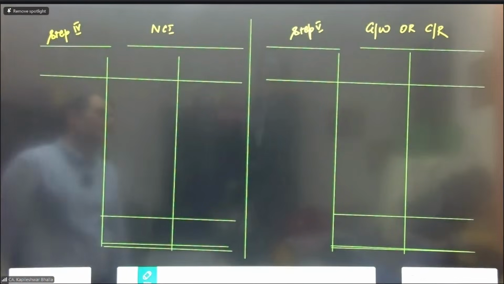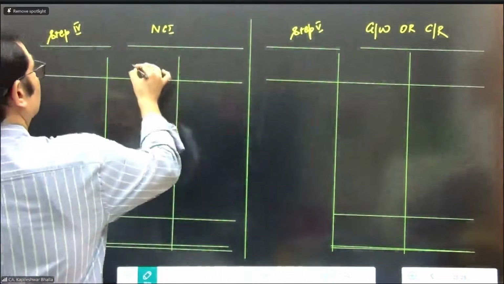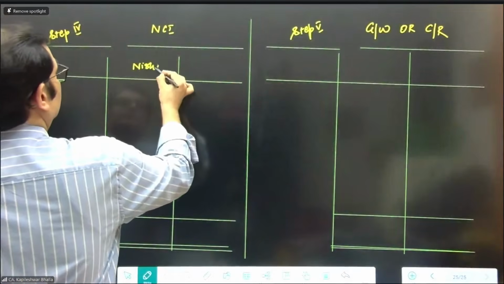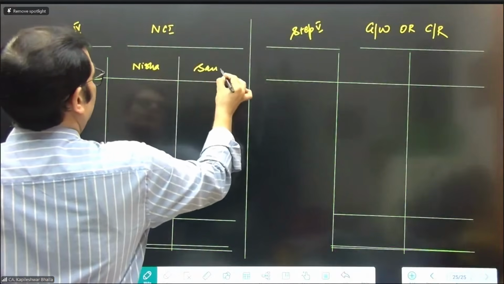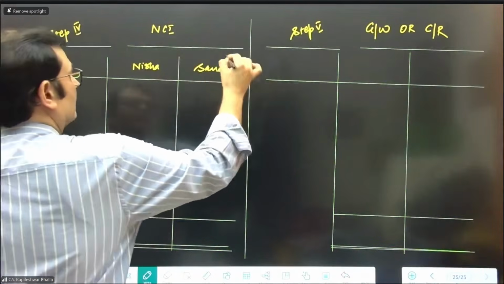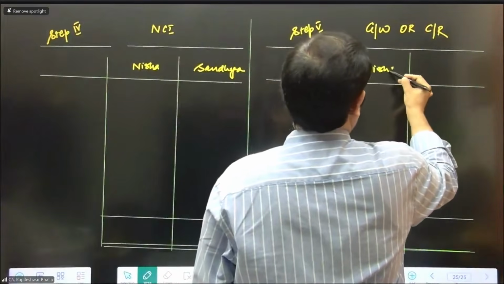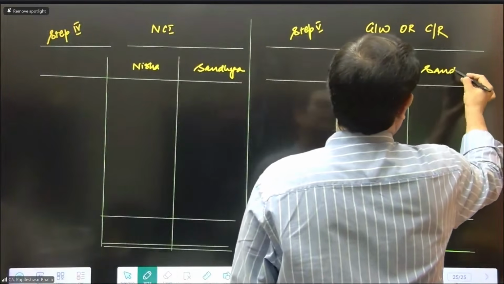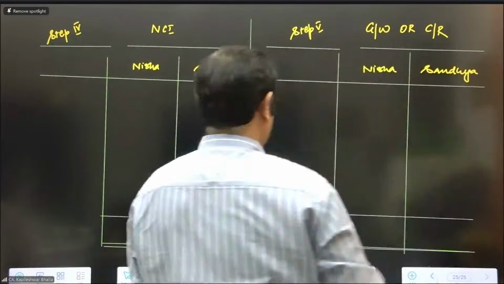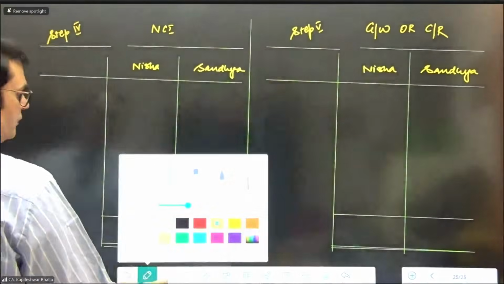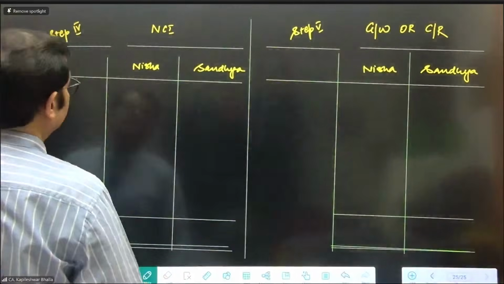That would be the easier way to do it. So we've got Nisha, we've got Sandhya. So let's first organize the information, then we'll fill up the data.